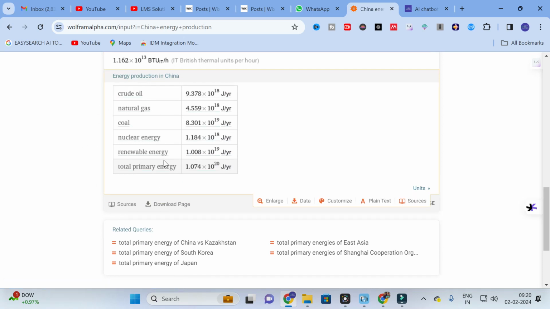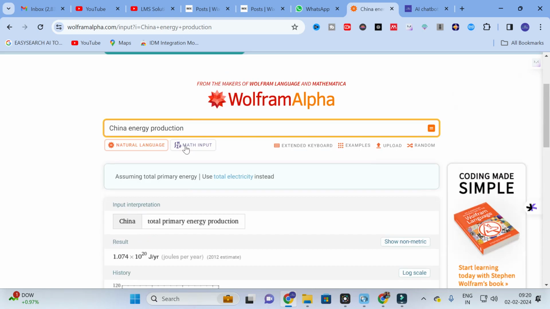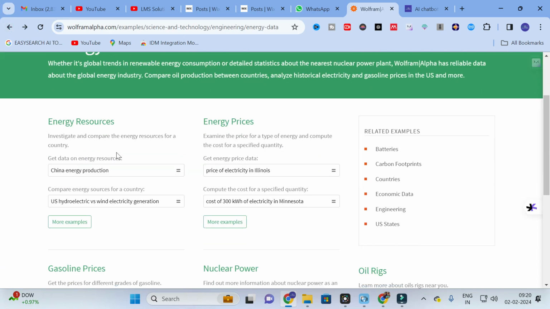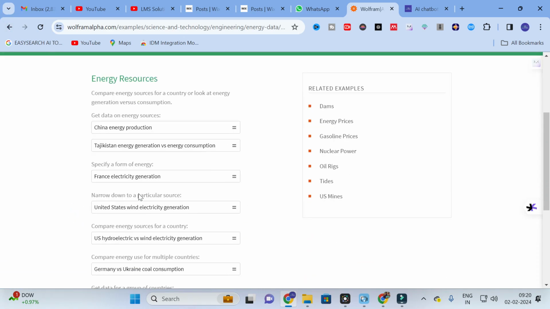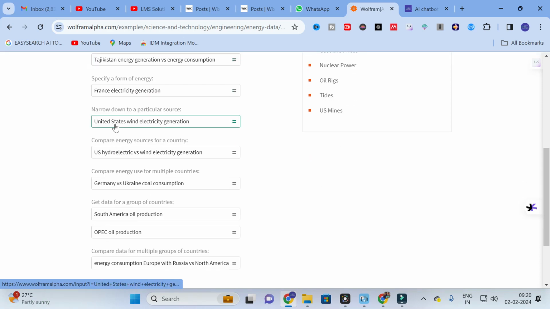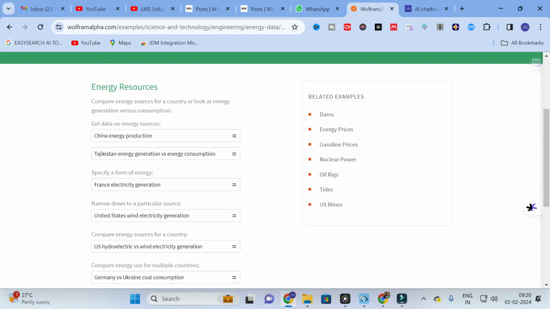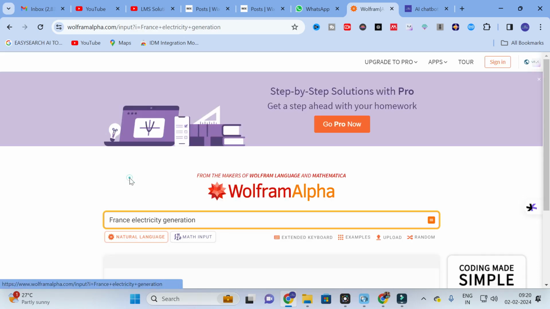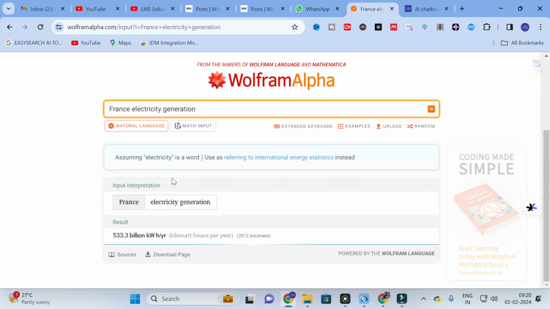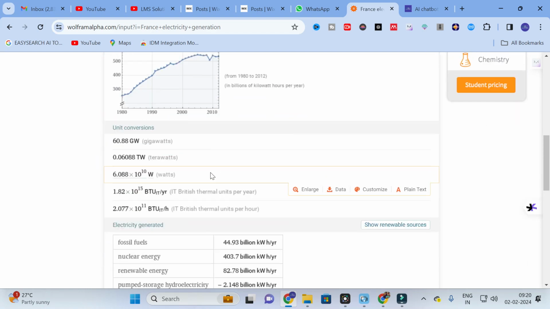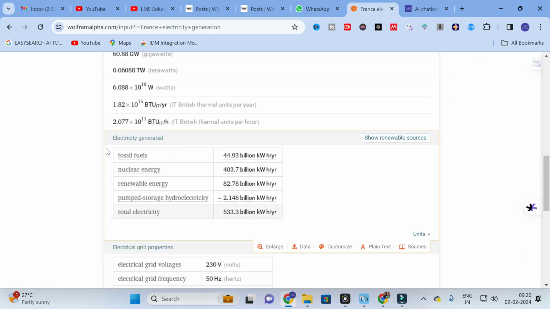So in order to get the data related with the renewable energy, so you can take this data per year, and also you can have a comparative analysis, that is China versus Tajikistan, United States wind electricity generation. So like that you can have different options available. For example, France electricity generation, just click on France electricity generation. So in this you can see the graph and also the table where how it will be produced from different energy sources.